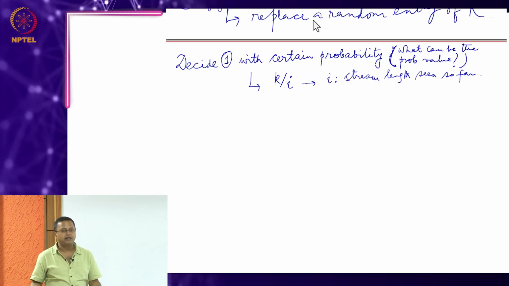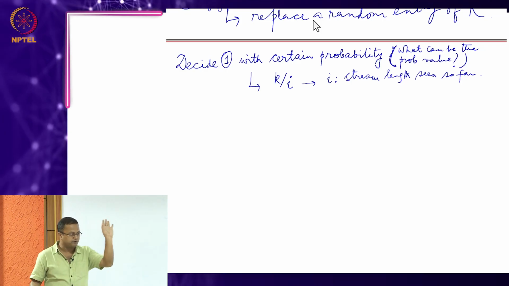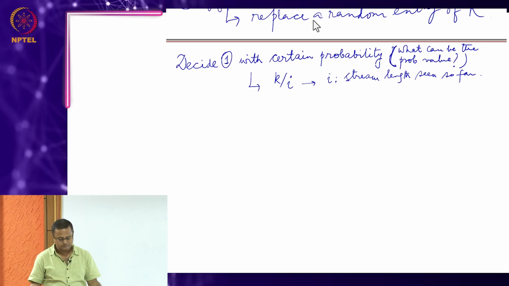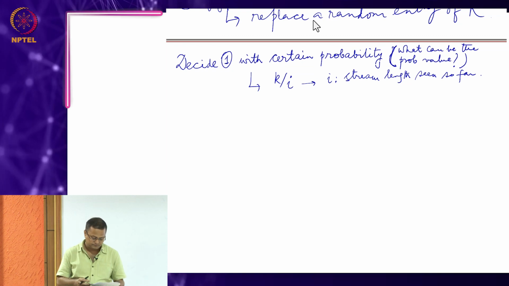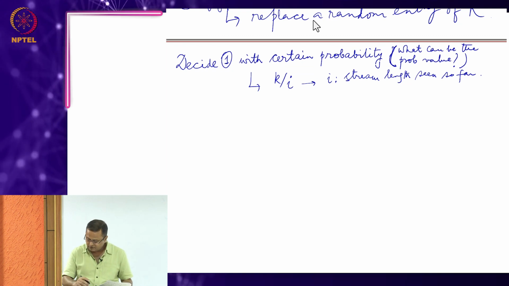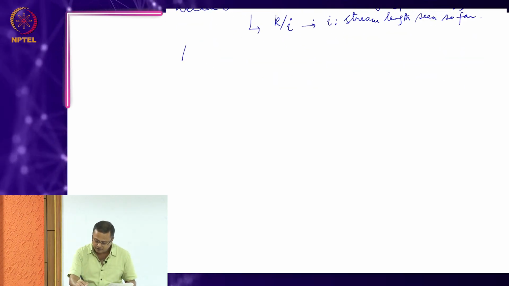So, the variability I bring in through the stream length, the numerator keeps fixed at k. Okay. So, my algorithm is as follows, a pretty simple algorithm, we will then analyze it.